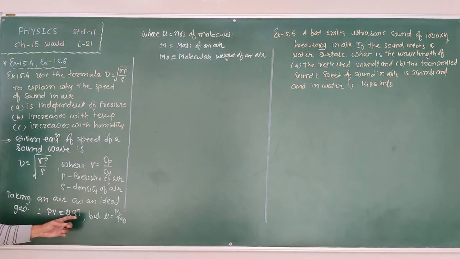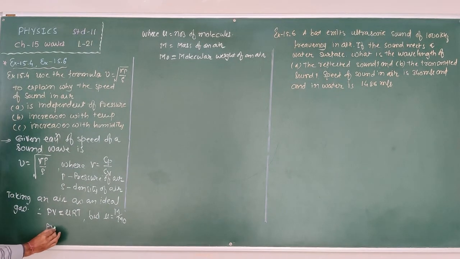Substitute here mu is equal to M upon M0. Therefore, PV is equal to M upon M0 RT.